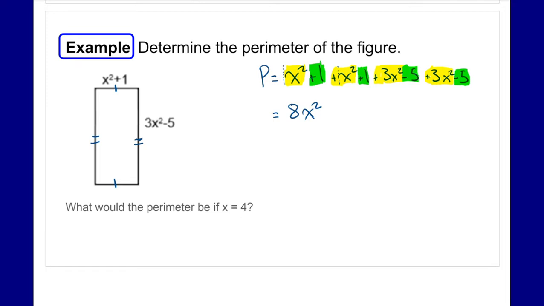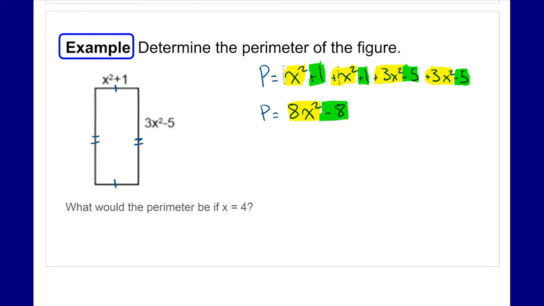And then with the numbers, 1 plus 1 is 2, minus 5 is negative 3, negative 3, minus 5 is negative 8. So again, the numbers we just add as normal or subtract, depending on the sign. So we get 8x squared minus 8 as my simplified expression for the perimeter.